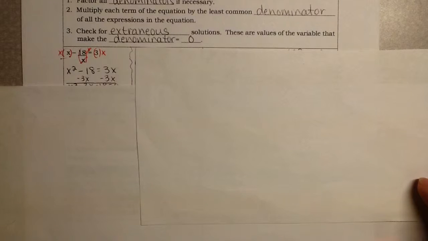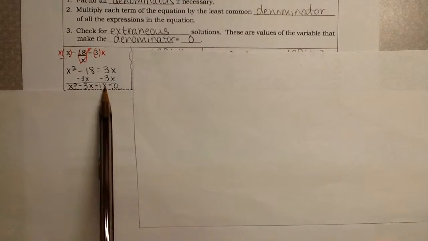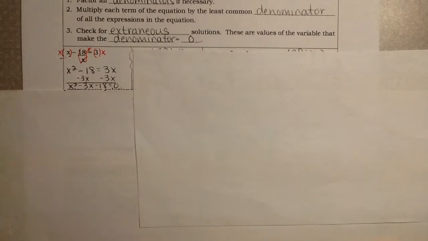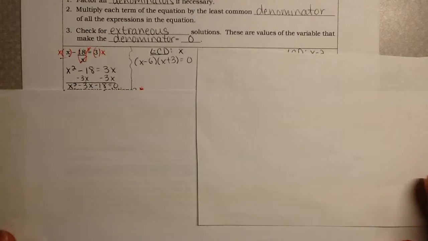So subtracting 3x from both sides, I now have x squared minus 3x minus 18 equals 0. Okay, now once I have that, I can just factor, and I need factors of negative 18 that add to negative 3. So that's going to be x minus 6 times x plus 3.